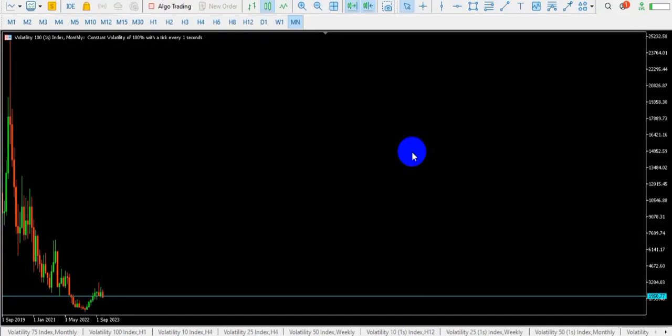So in today's class lesson, I'm going to be showing all of you how to form high probability trade setups using higher time frame PDRA key levels that are respected in an algorithmic order flow.